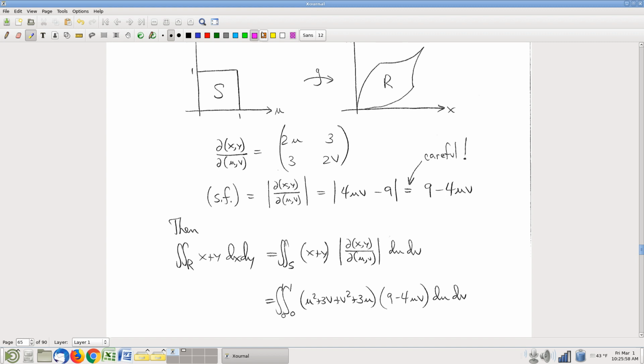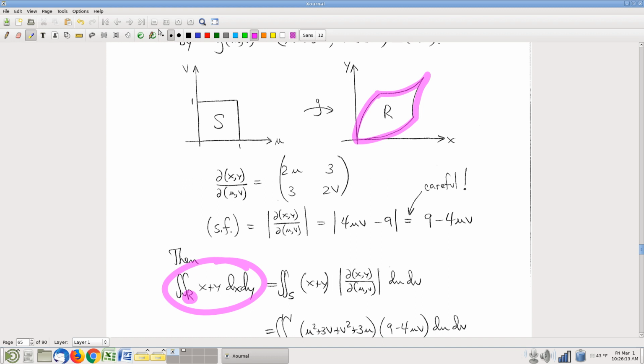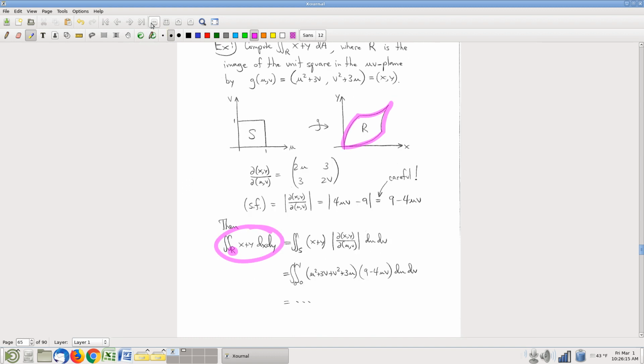So on our domain R, on which we're interested in this integral, we can rewrite everything in there now in terms of U's and V's. Let's see here. I'm going to need some space. I'm going to have to zoom out one notch here. So what do we do with the X's and Y's?